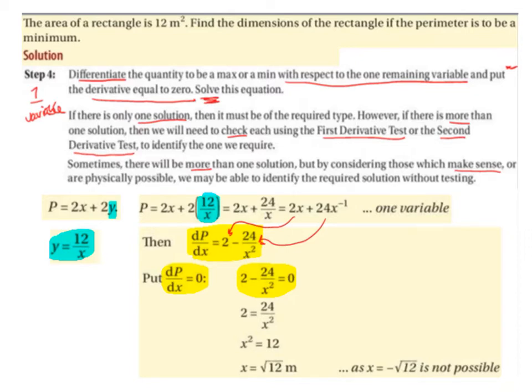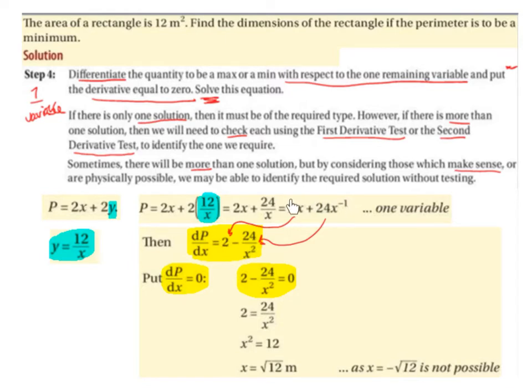We started with P equals 2x plus 2y. We swapped the y for 12 over x because we let y equal 12 over x, and we got this from the area. We multiplied out the brackets and simplified until we had 2x plus 24x to the power of minus 1. So this is our formula for the perimeter.